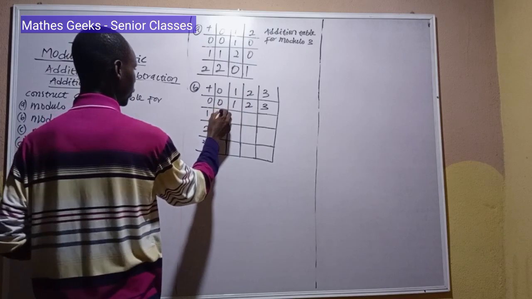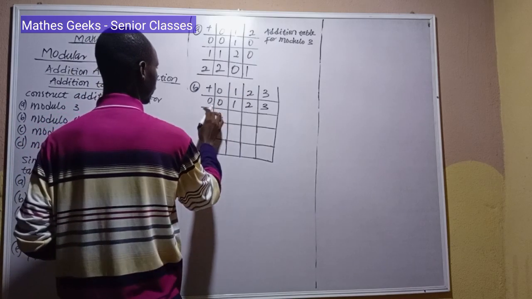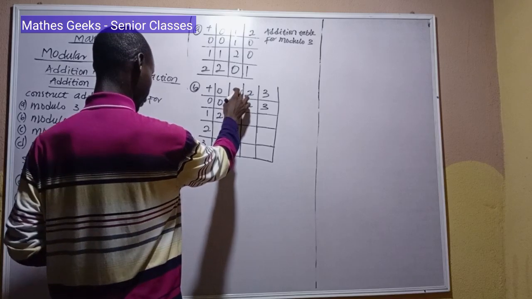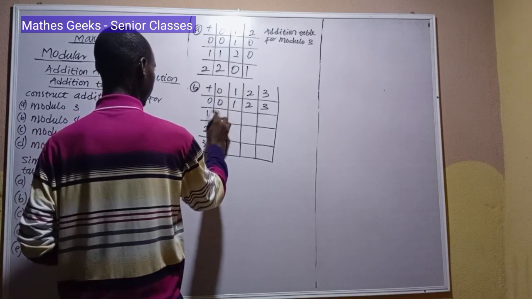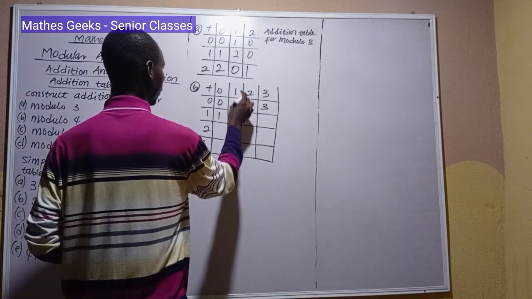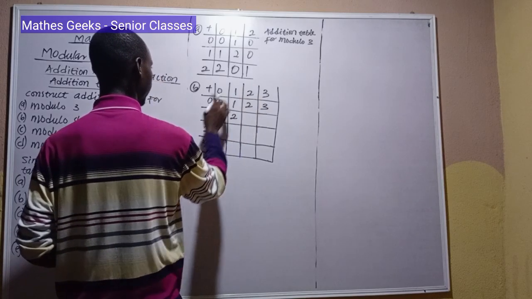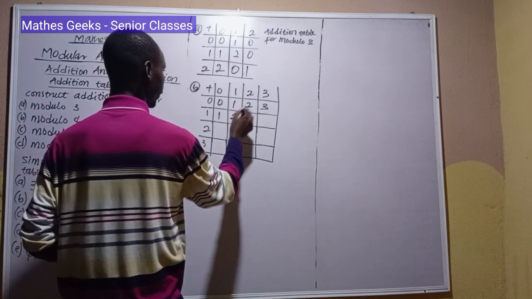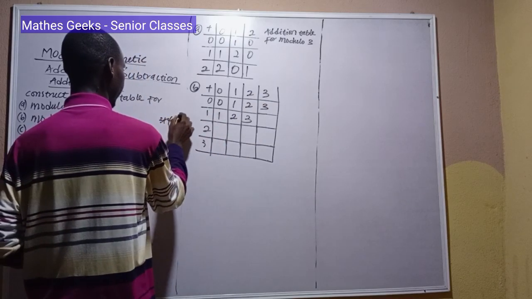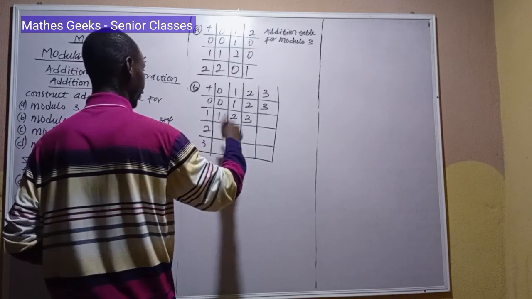1 plus 1 is 2. 1 plus 0 is 1. 1 plus 1 is 2. 2 plus 1 is 3. 3 plus 1 is 4, and this addition is in mod 4.